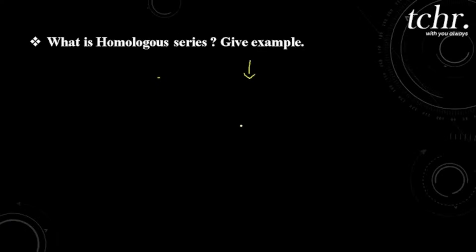When asked to give an example, whatever I am explaining you can write as the example. Now see, CH3OH is the first member of the alcohol family, methanol. The next one is C2H5OH, ethanol. So it goes on like this: methanol, ethanol, propanol.